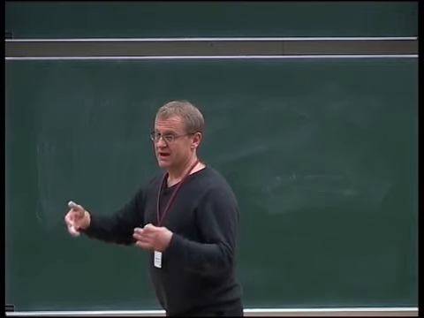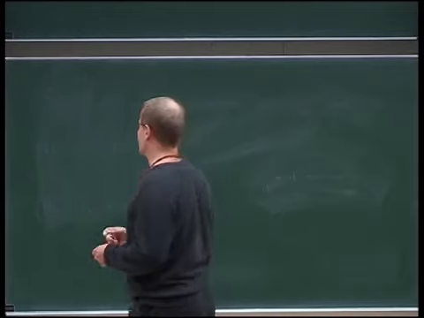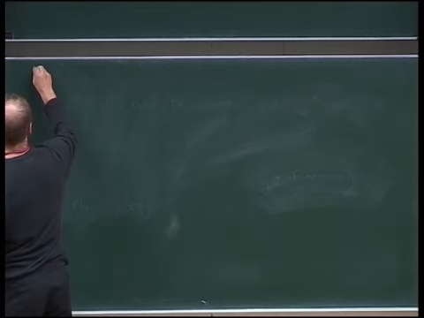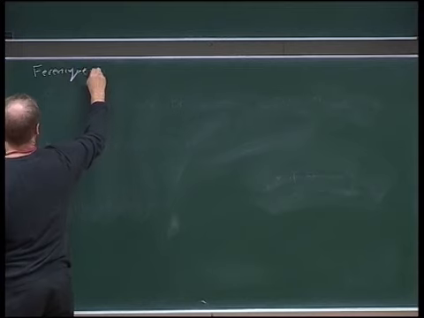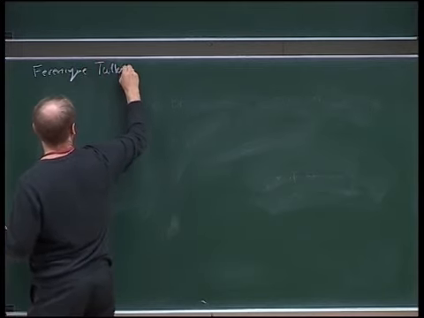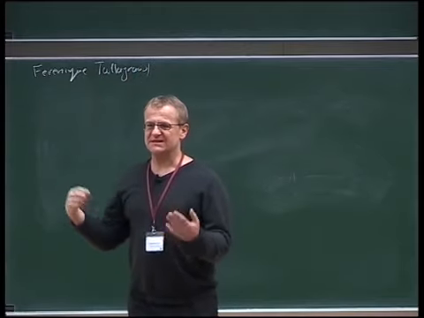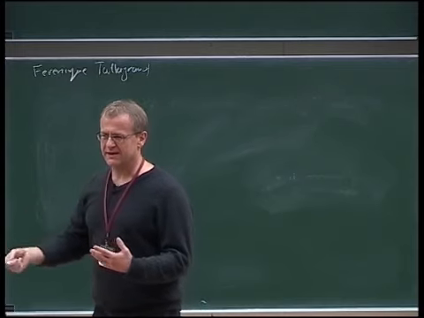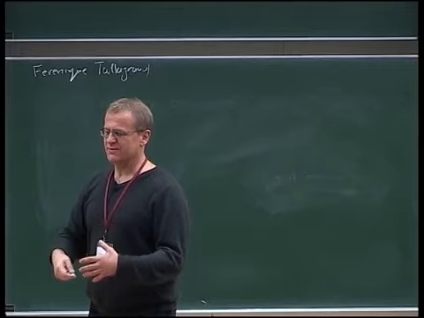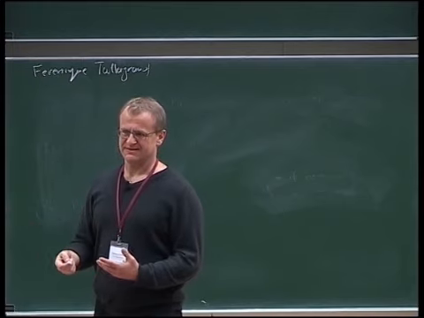So a priori we have a theory due to Fernique-Talagrand, which describes the regularity of the Gaussian process in terms of the covariance.